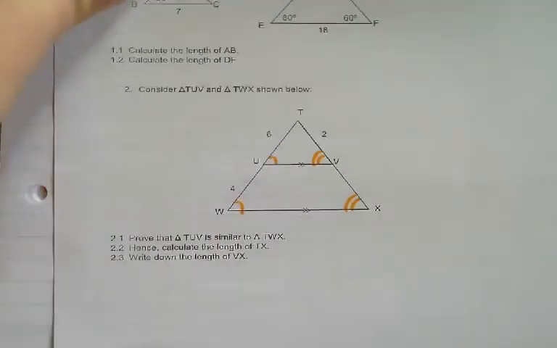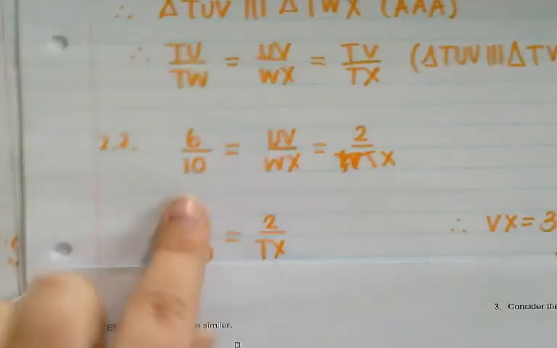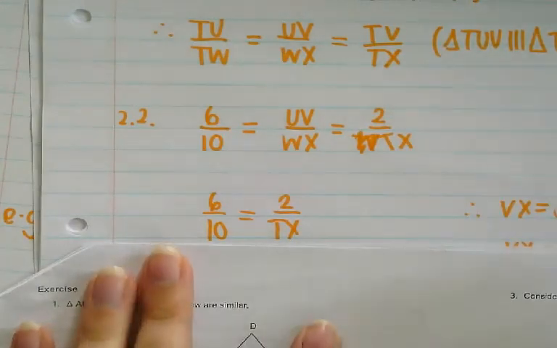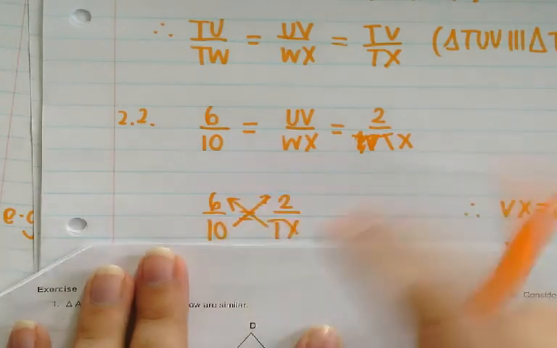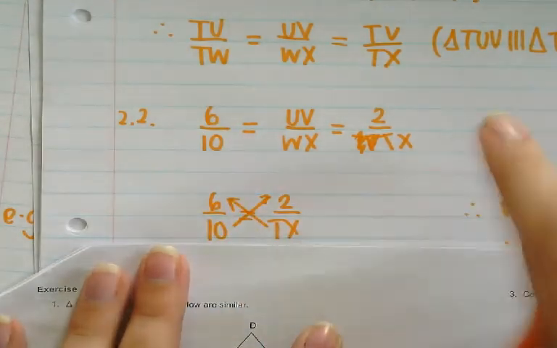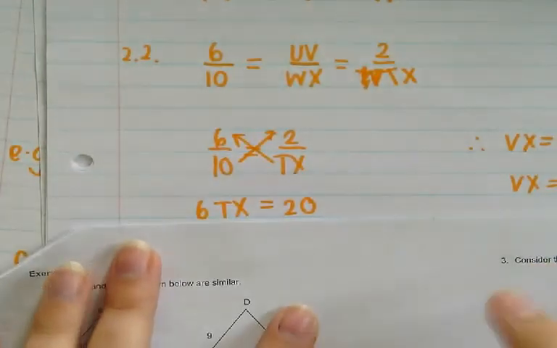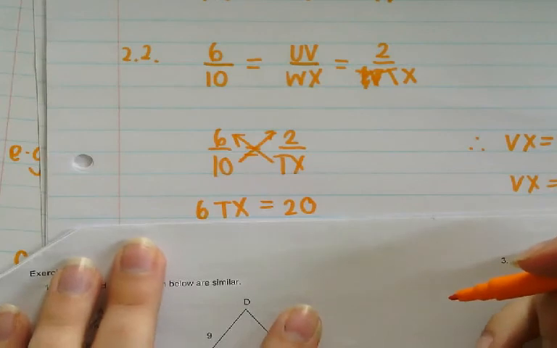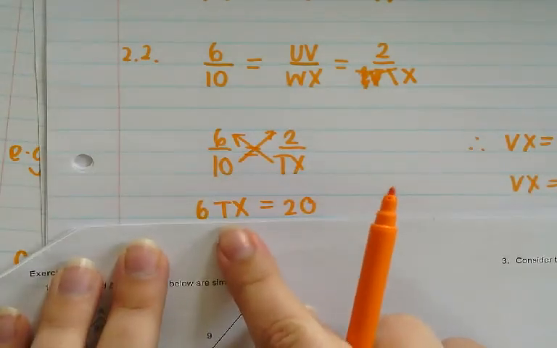Okay, let's have a look. So I'm going to use the 6 over 10 and the 2 over TX, telling me I need to cross multiply. So TX times 6 is 6x and 10 times 2 is 20. Now I want TX by itself, so what am I going to divide by, Lorna? By 6, because that's the number in front of the letters.